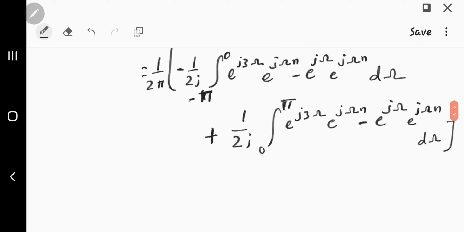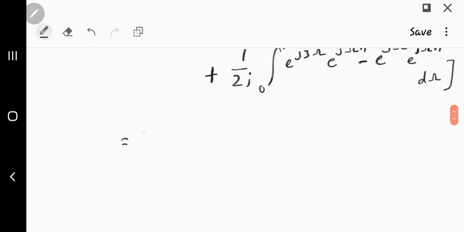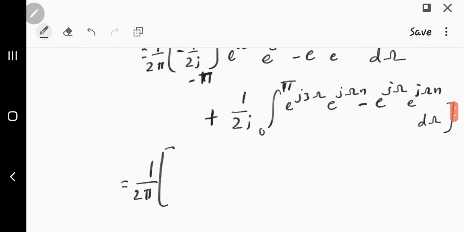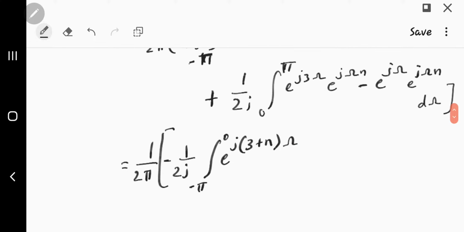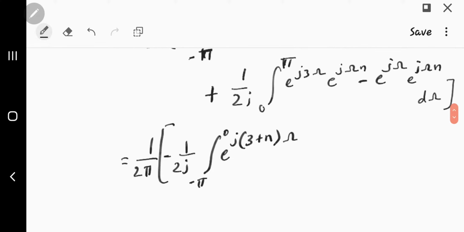Now all have a common base, so you can combine them. So 1 by 2π into minus 1 by 2j, integral from −π to 0 of e^{j(3+n)ω}, that's the first part, minus e^{j(1+n)ω} dω.